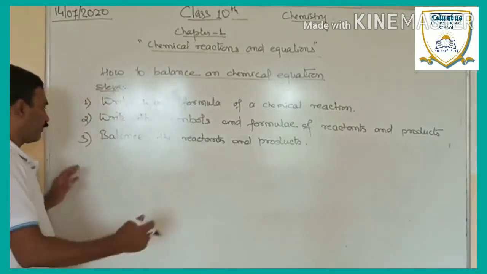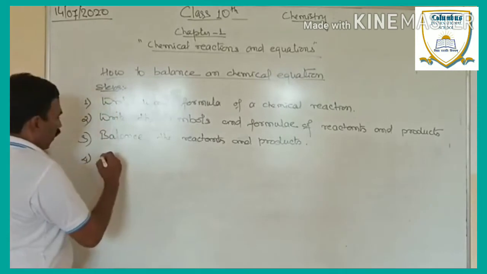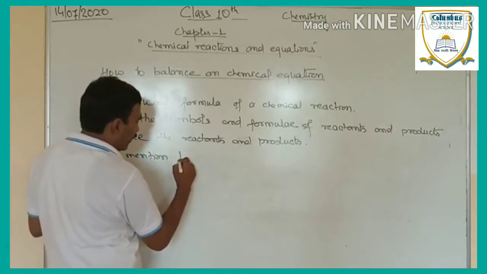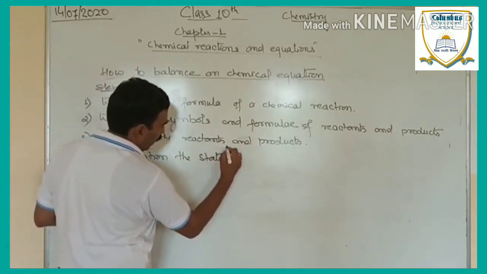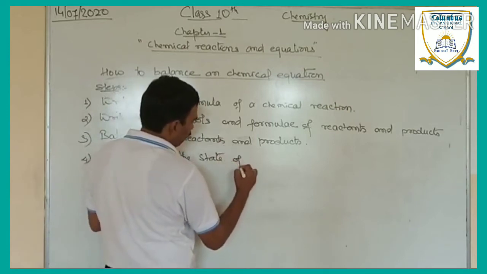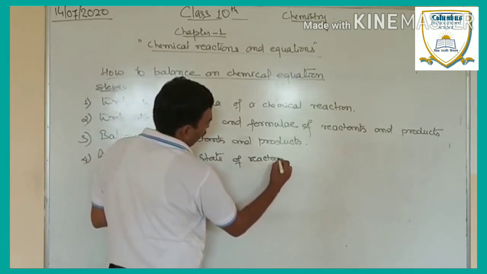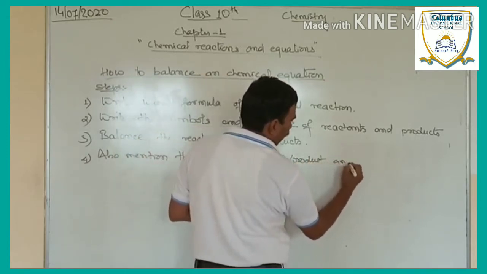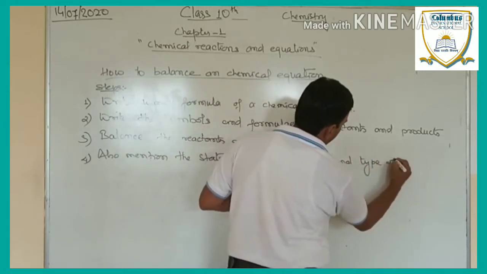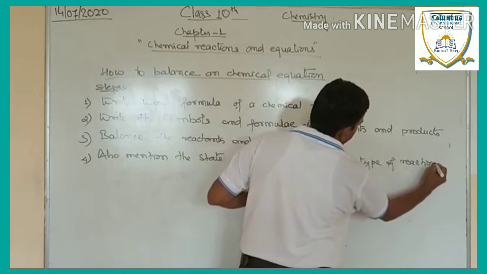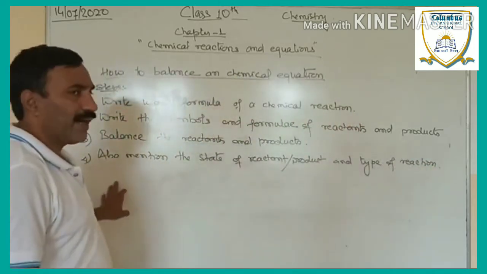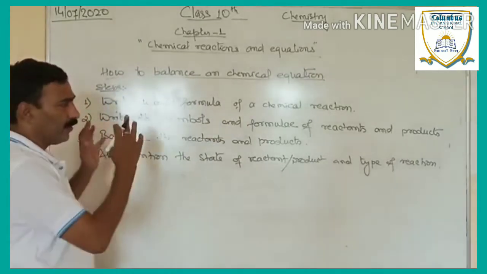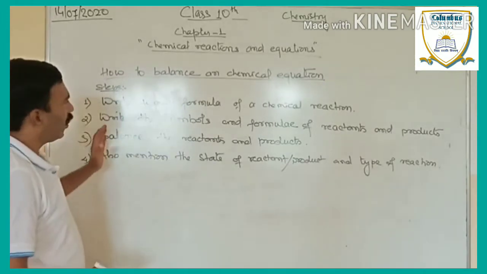Now the next is to also mention the state of reactants and products, and the type of reaction. If you follow at least these four points, then only your reaction will be complete and balanced. Now let us explain all this.